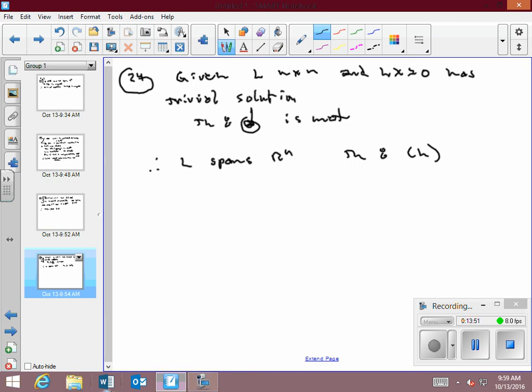But here you see that D says the equation AX equals 0 has only the trivial solution. So if all homogeneous equations had only the trivial solution, then this wouldn't be written in the theorem.